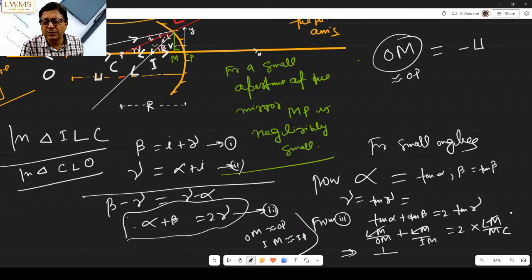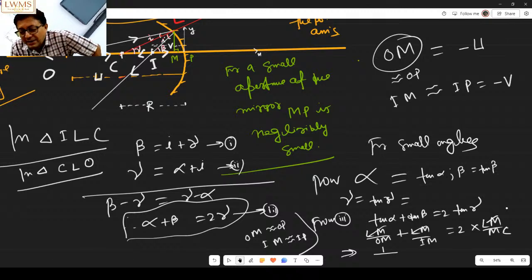As OM is equal to OP, IM is equal to what? IM is approximately equal to IP, that is v, but it is also opposite to the direction of light, so minus v. And MC is the radius, so it is minus R.